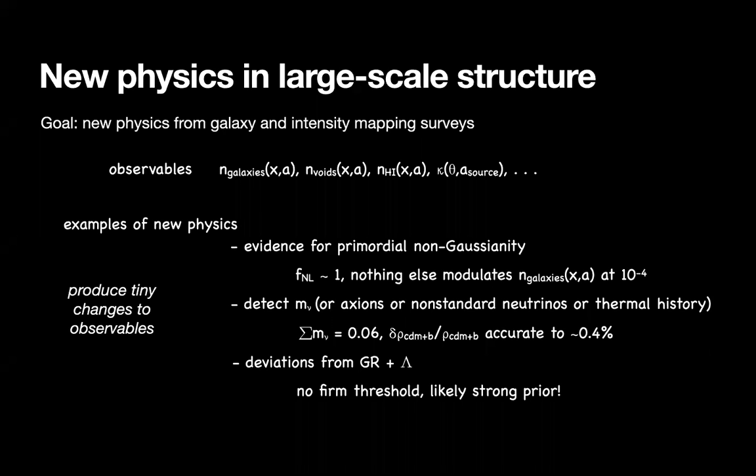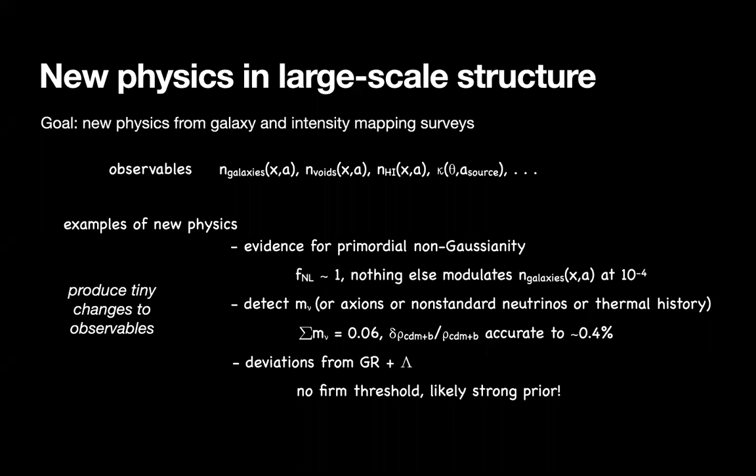Measuring the sum of the neutrino masses at the minimal mass normal hierarchy would require that we can predict the fluctuations in the baryon and cold dark matter density to something like 0.4%. Deviations from general relativity and a cosmological constant are even harder because there's no firm threshold that we're looking for. And we may even have a strong prior that they don't exist.